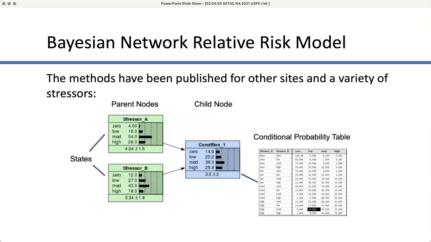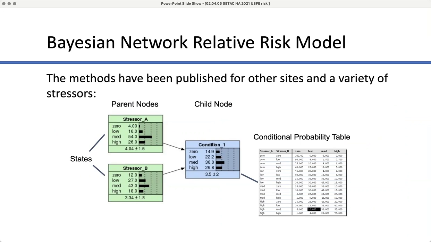This is a very simple Bayes network with two parent nodes, which just represent any two variables. In this particular case, we have 4 states and a distribution, talking about the frequency of each one of those states. The interaction between those nodes is determined by the child node.